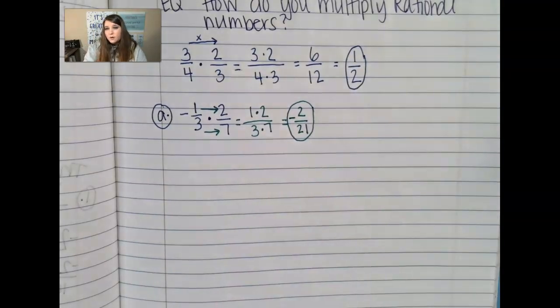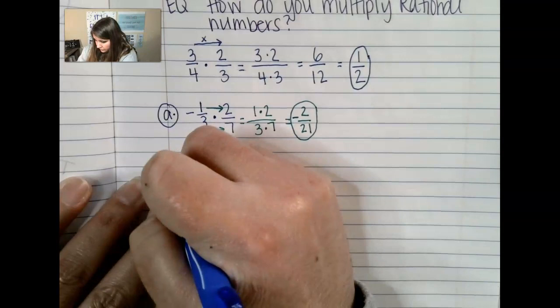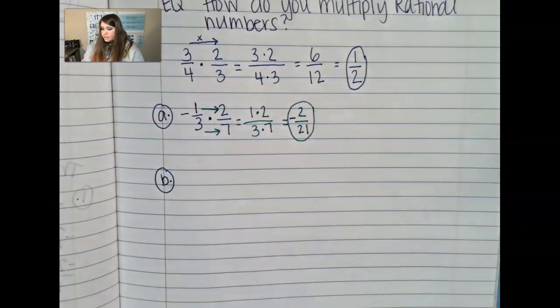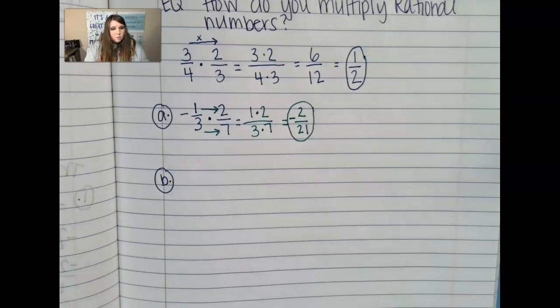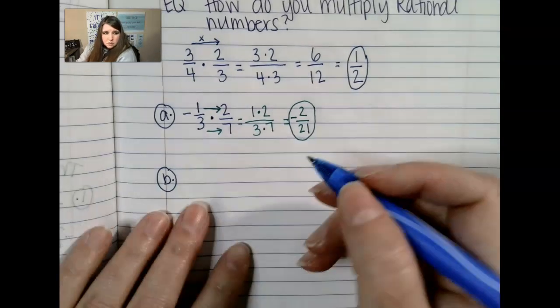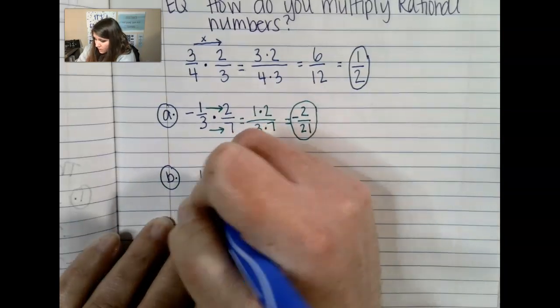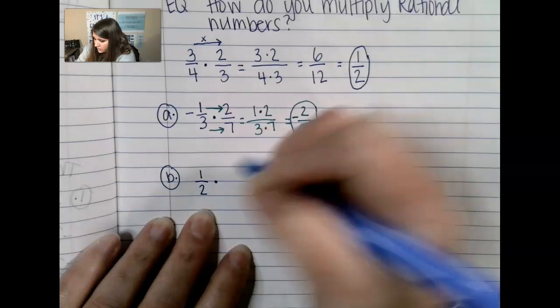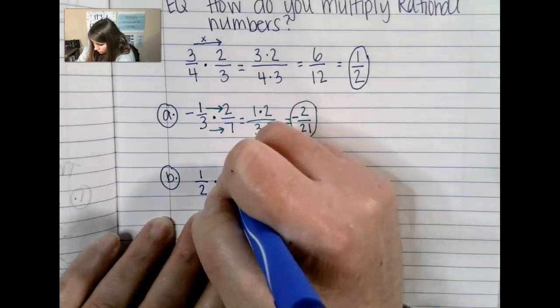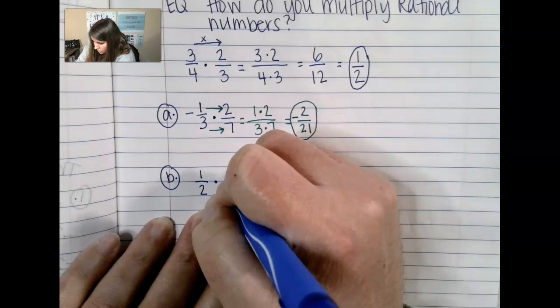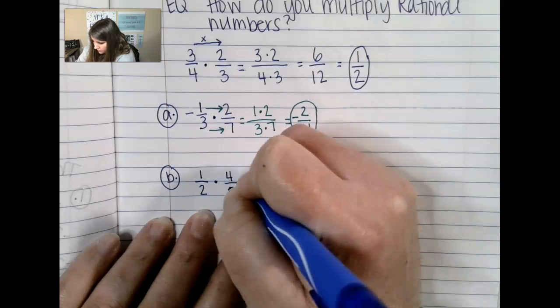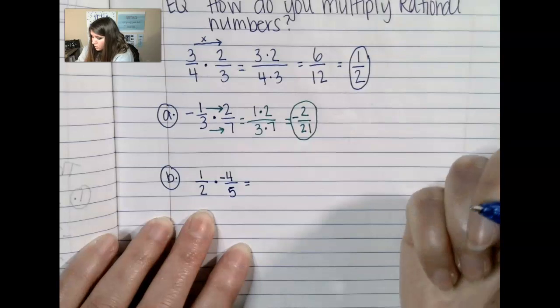Okay, let's go ahead and do another example. Let's do 1/2 times -4/5.